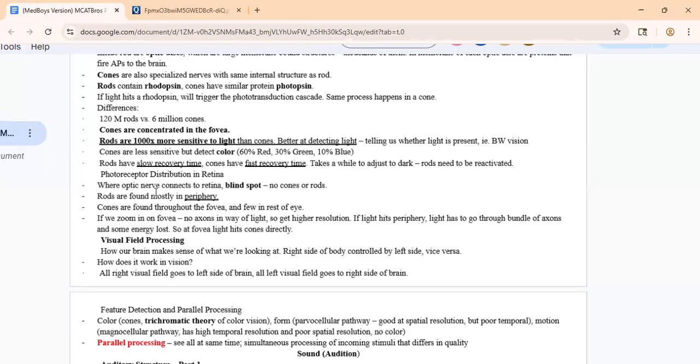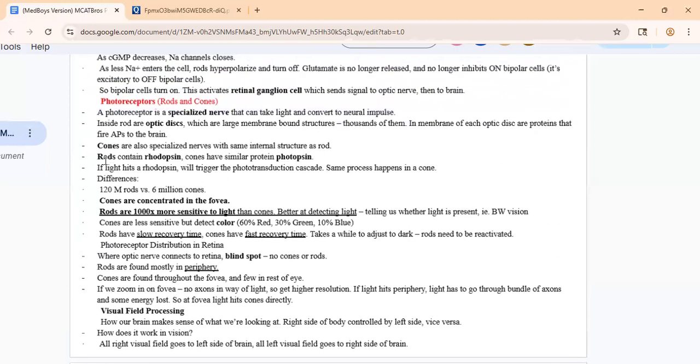Cones are also similar, but they will have photopsin. So rods would have rhodopsin. It's important to know it's R and R, rhodopsin, while cones would have photopsin. And a great way to remember this is that you always want your photo in color. So photopsin. Cones gives you color. It's always working with its fovea, photopsin.